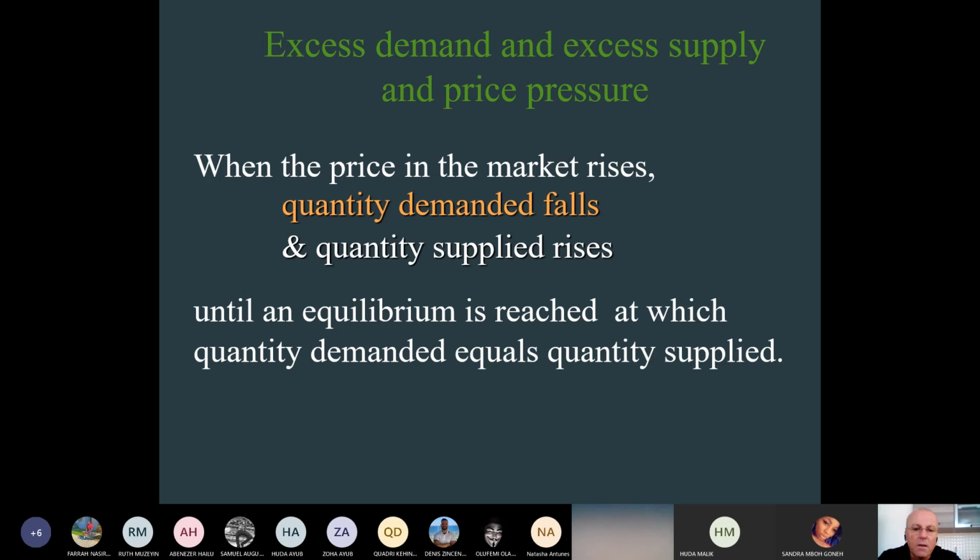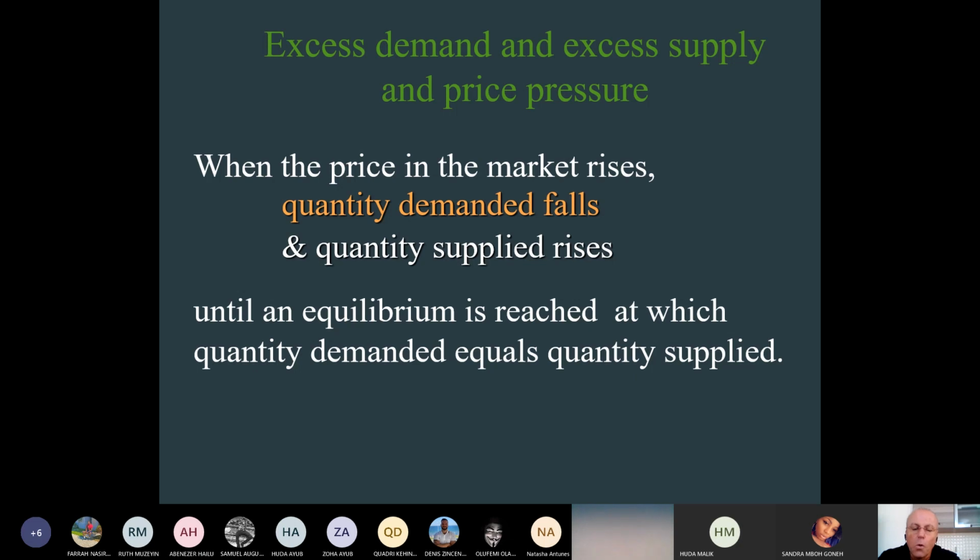Excess demand and excess supply at price pressure. When the prices in the market increase, quantity demanded falls, as I mentioned to you, because there is an inverse relationship between market price and quantity demanded.